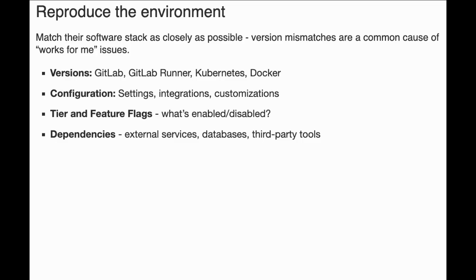Configuration, settings, integrations, customizations, product tier and feature flags, what is enabled or disabled, dependencies, external services or third-party tools. The problem may be related to specific versions of components or incompatibilities between versions, specific configuration settings or conflicts, feature flags that have been enabled or disabled.